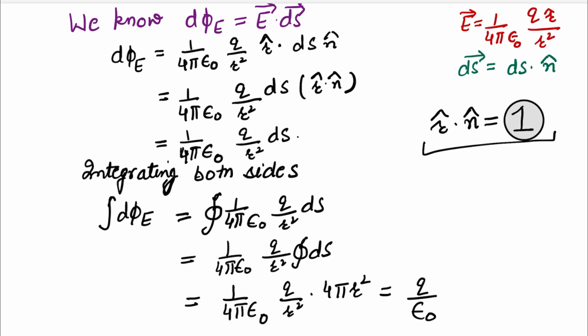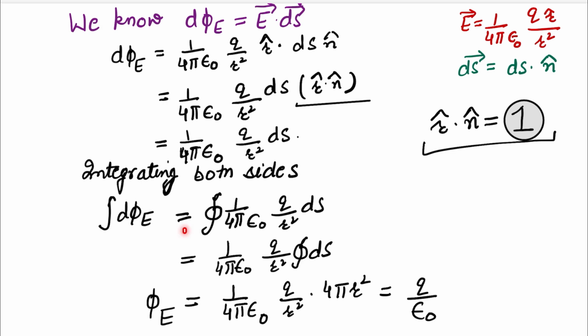So we put r cap dot n cap equal to 1 and we have d phi e equal to this expression. Then we integrate on both sides. On integrating, this d phi e is the electric flux for the small area element. When you integrate it, it will give you the complete flux, that is phi e, right?